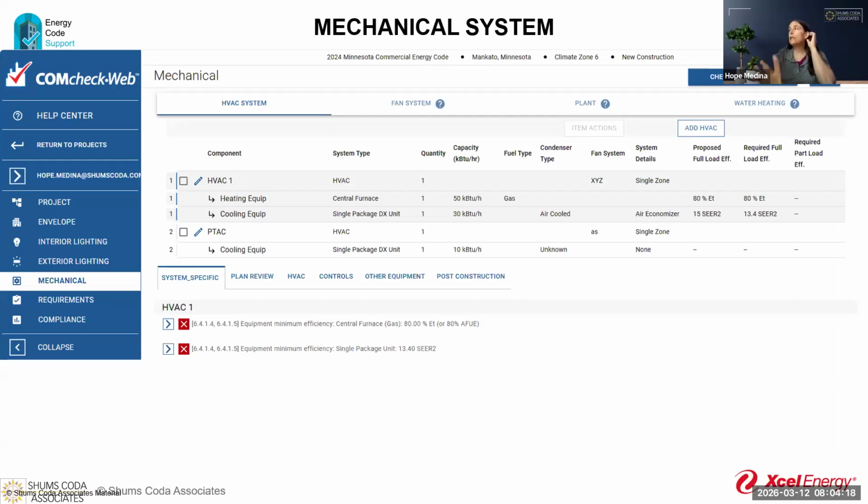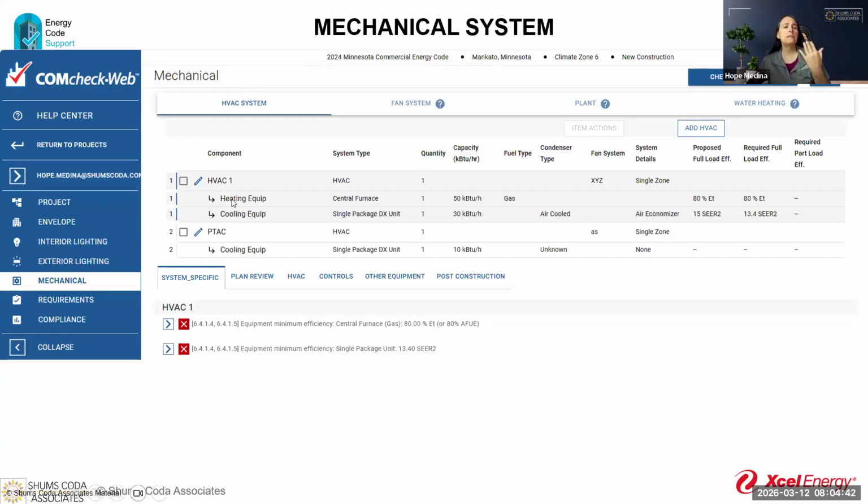All right, so let's dive into what the mechanical systems are. If I am a designer and I choose to go on to COMcheck and enter information into the mechanical component of it, this is the screen that I'm going to see. Right now we're under the HVAC systems.